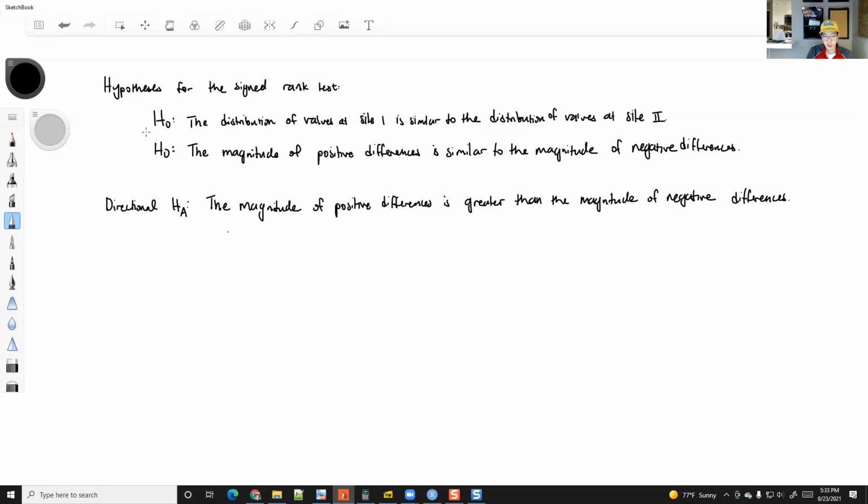Or in other words, site 1 minus site 2 will produce larger positive differences.